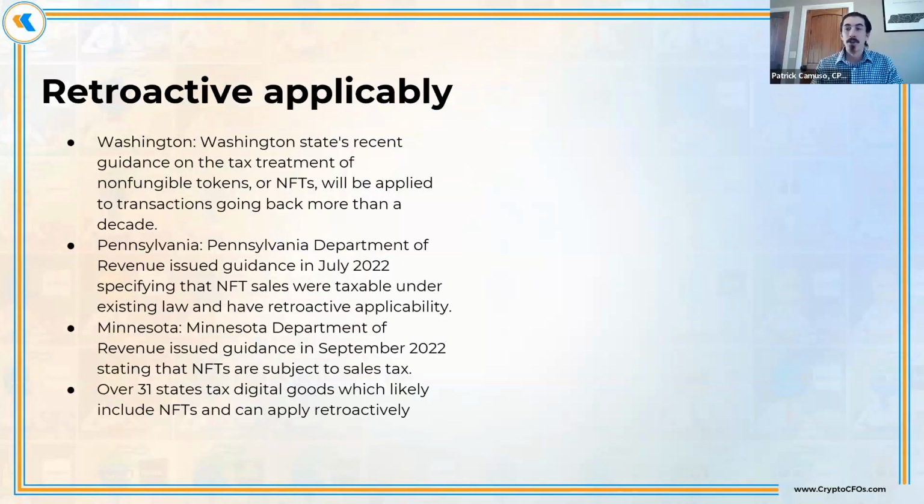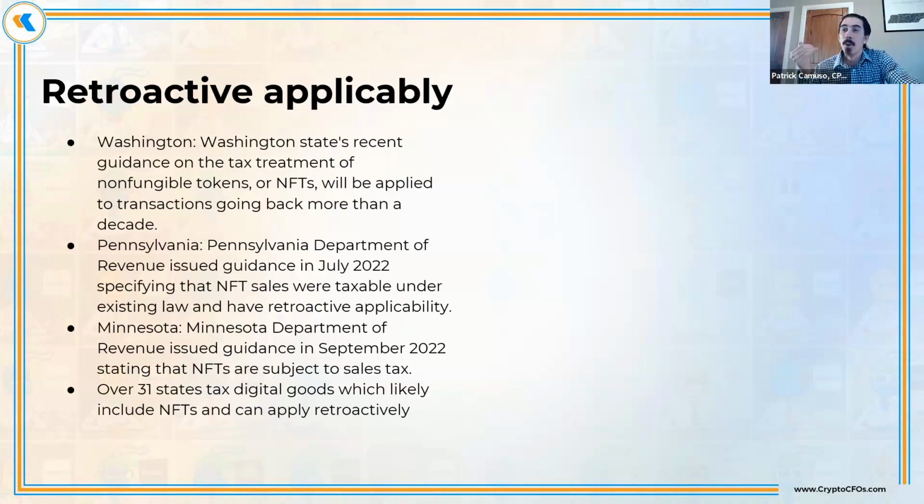And this is the biggest risk to me, and this is why I'm going to keep harping on this: the retroactive applicability. There are a lot of companies right now who have successfully sold NFTs in the past, and they could potentially be on the hook for taxes associated with this. And obviously, as we move into a new cycle, if we see NFTs get another resurgence, there could be a whole other cycle of successful NFT sales that are done non-compliant, creating this huge risk of retroactive applicability.